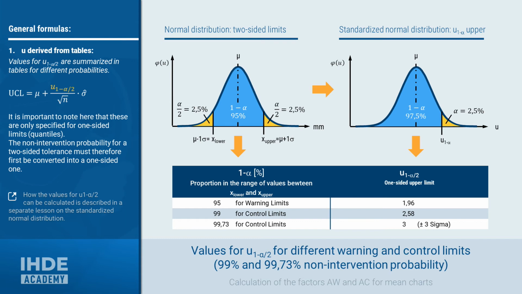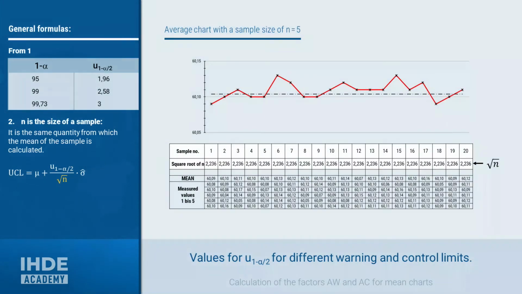Tables for the quantiles for the standard normal distribution can be found in the relevant literature or on the internet. The table below shows a small section of the non-interference probabilities we have chosen. So for U, we have values of 1.96, 2.58 and 3 for the corresponding limits. These values can be found here on the left side.